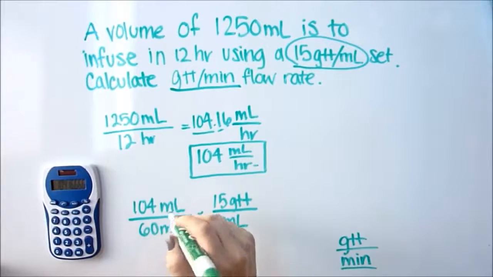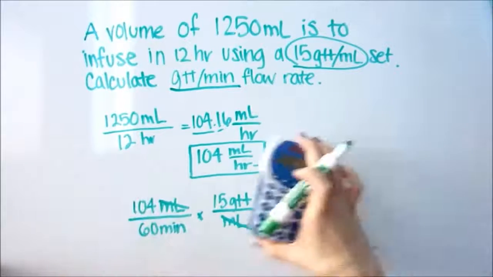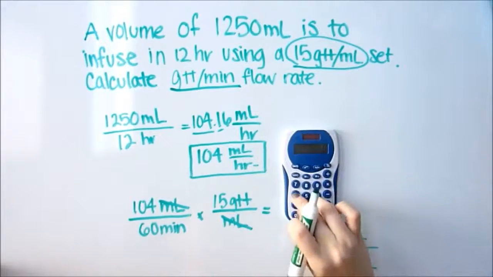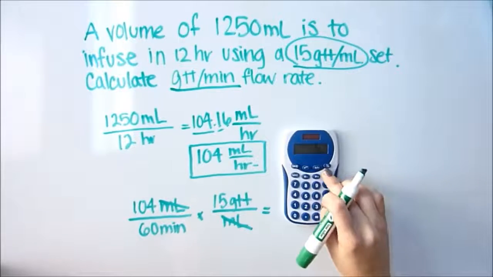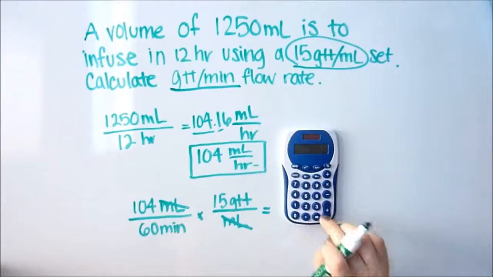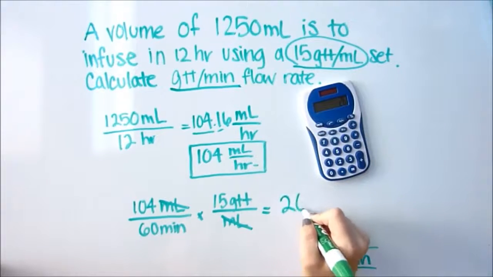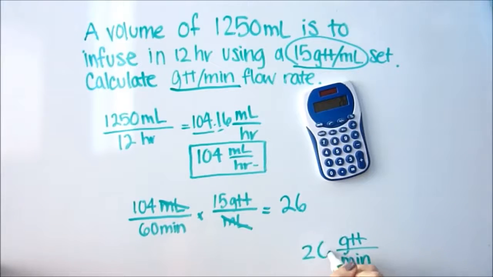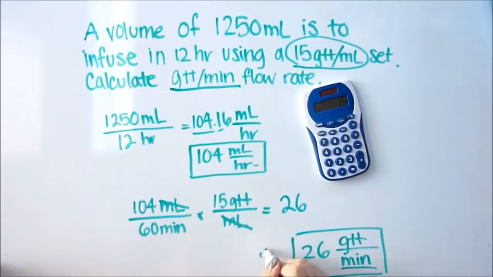And when we multiply this straight across, mLs will cancel out. And let's see what we get. 104 times 15, divided by 60. And we get a perfect number, 26. And I'll write that right here actually. 26 drops per minute.